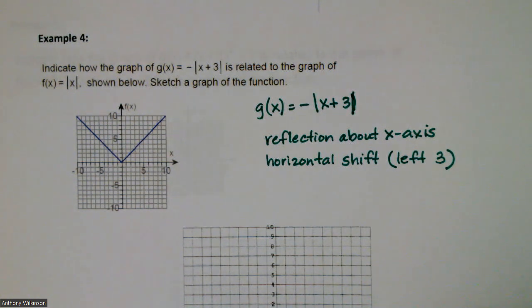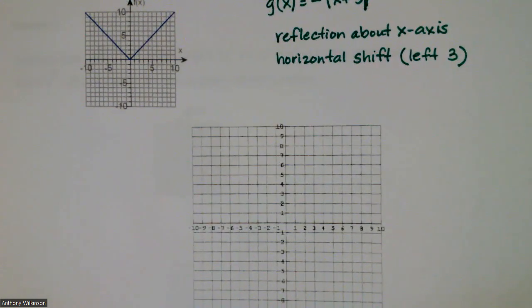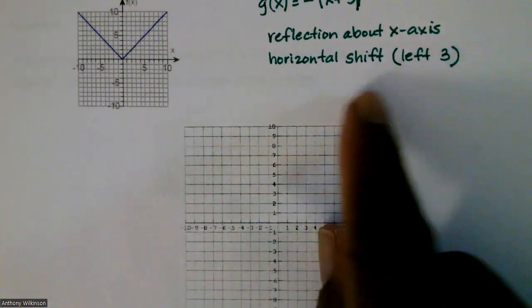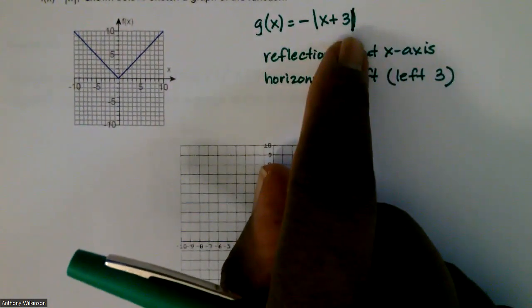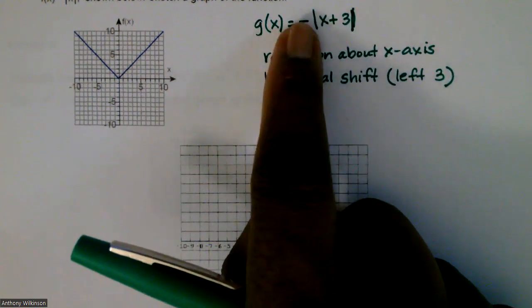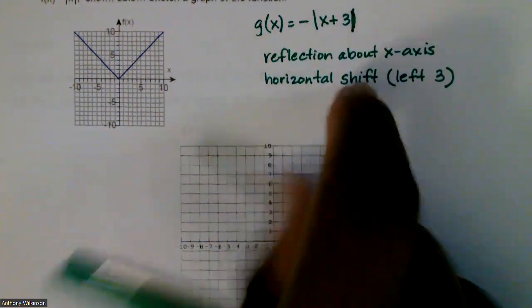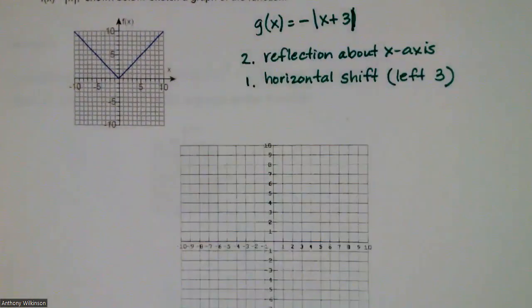Now I've already got a blank coordinate grid that I'm using here. So let's see what we can do here. First of all, the order of transformation is going to be similar to the order of operations. You take your x value, add 3 to it, and then you take the opposite. That's what we'll do first, the horizontal shift, and then the reflection.